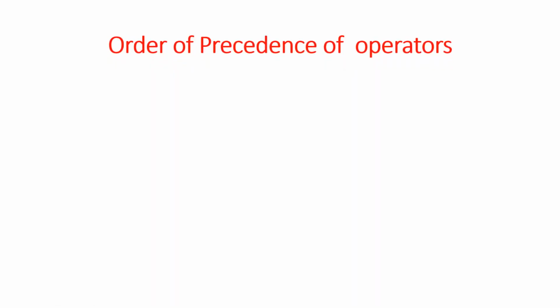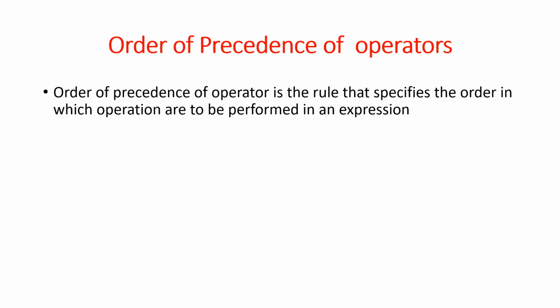Today, the last topic of this chapter is order of precedence of operators. Clear? Order of precedence means the sequence of solving the questions. Basically, order of precedence of operators.